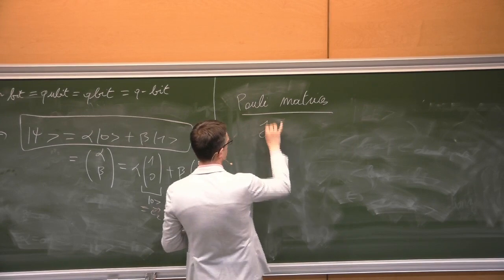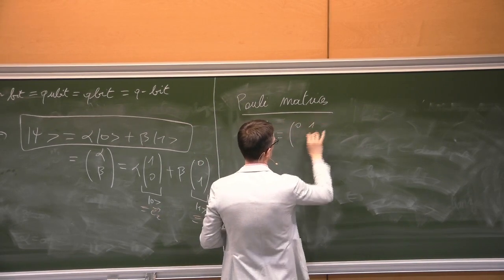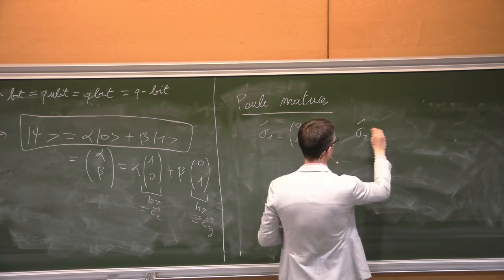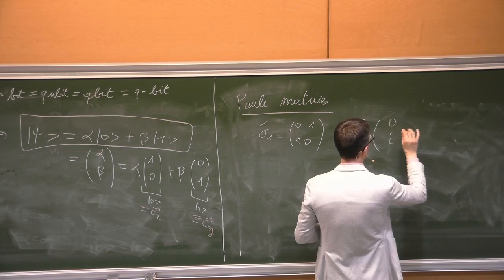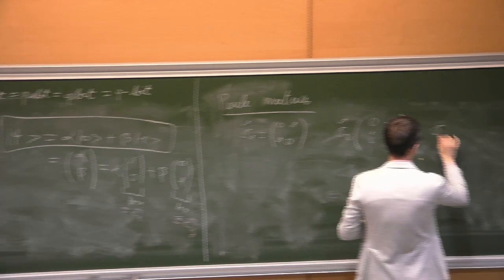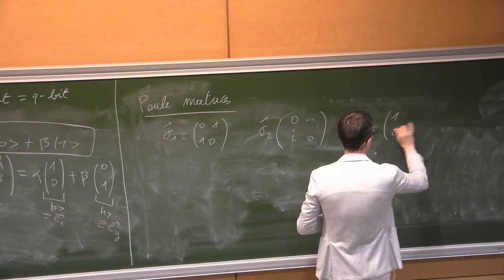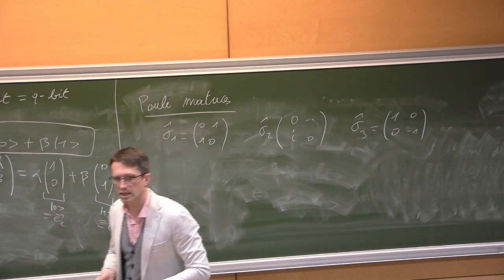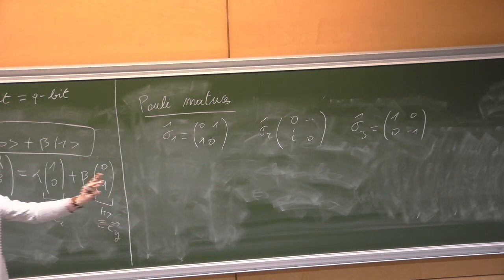So you have sigma 1, so 0, 1, 1, 0. You've got sigma 2, so 0, -i, i, 0. And you've got sigma 3, which is 1, 0, 0, -1. And what you can show mathematically is that in the 2D space where qubits live, so the 0, 1 space, these 4 matrices can generate any matrix.